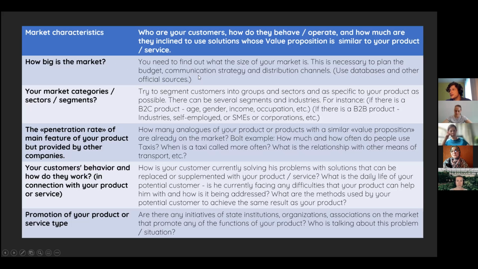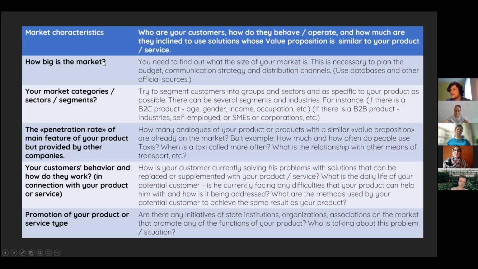I remember selling wood components to Norway, and I used databases provided by their official governmental sources. I was able to understand the need, how many people are building houses each year, and everything. So these platforms and web databases are needed to understand your market size.